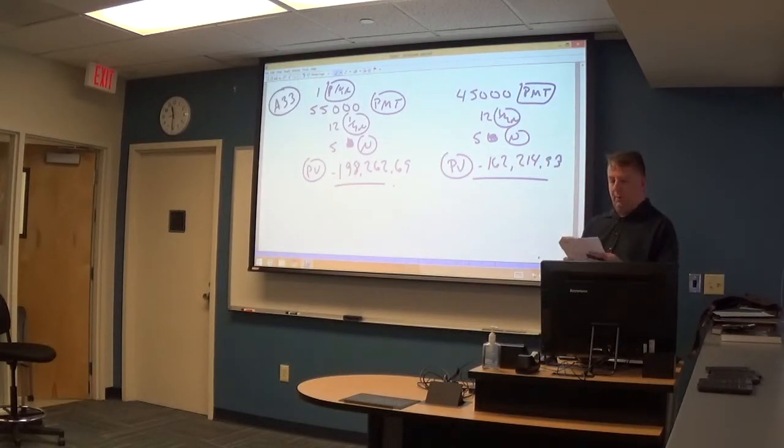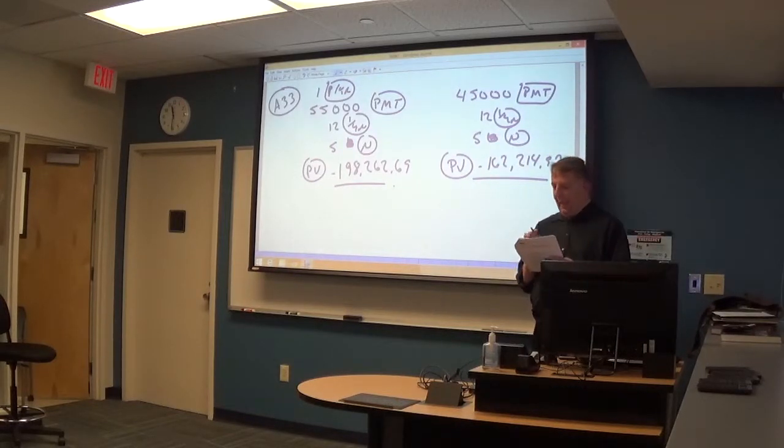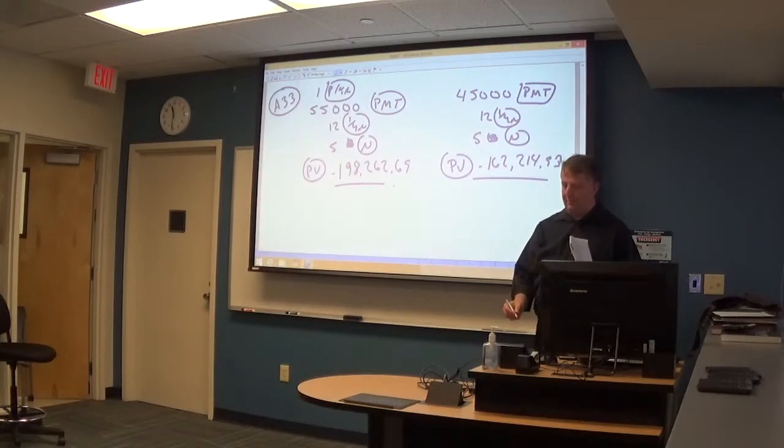Now, here's where it begins to be a little bit of an issue. You can lease an office facility, and in this case, you must spend $35,000 in tenant improvements. It appears that this is looking at it from the tenant's perspective.